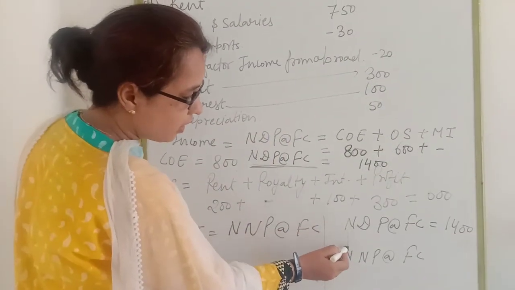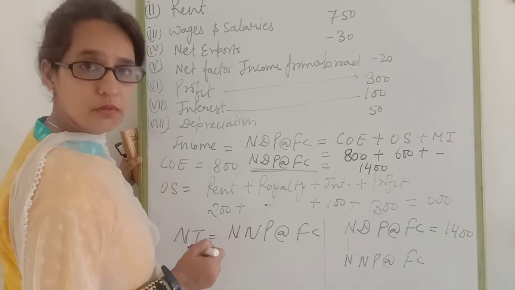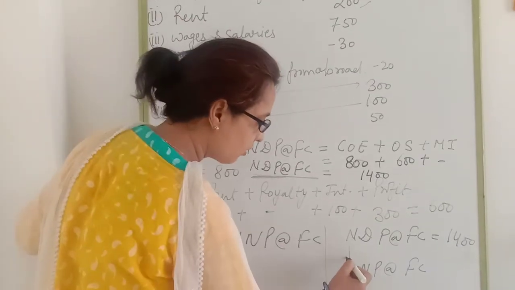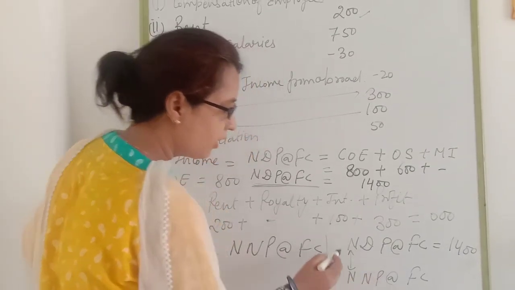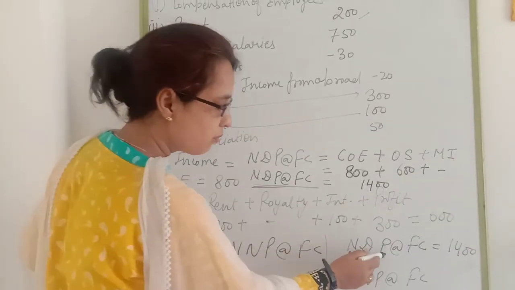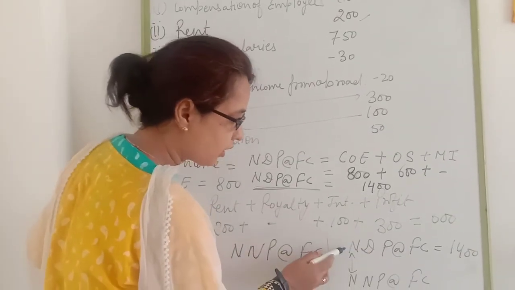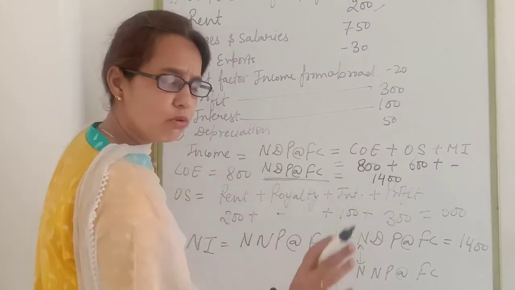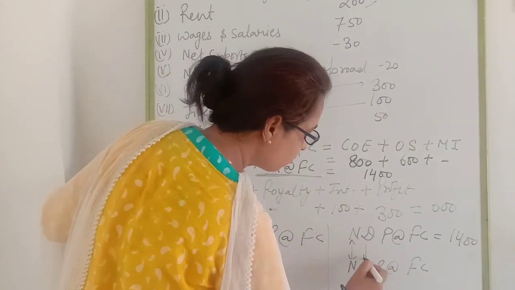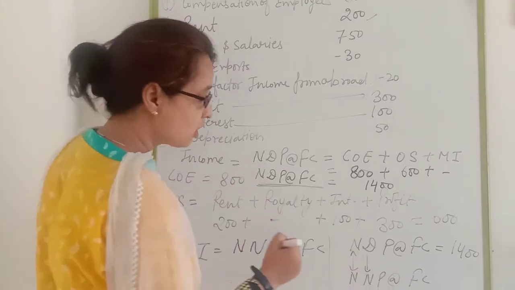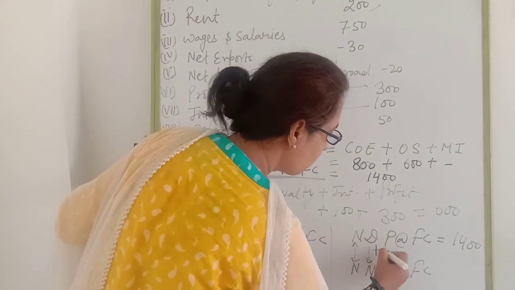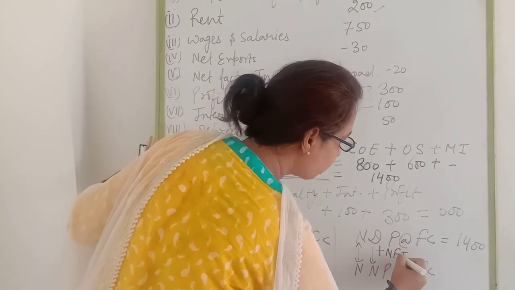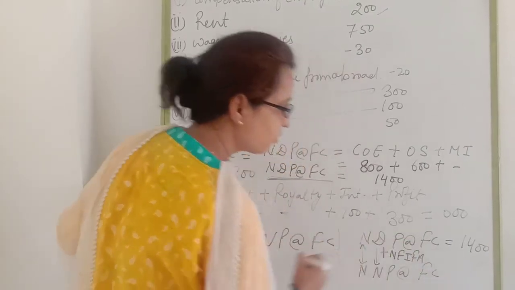From N to N, we have to do nothing. From net to net, net domestic product, net national product, we are not supposed to do anything. Domestic to national, in the previous session I told you what you have to do: net factor income from abroad.